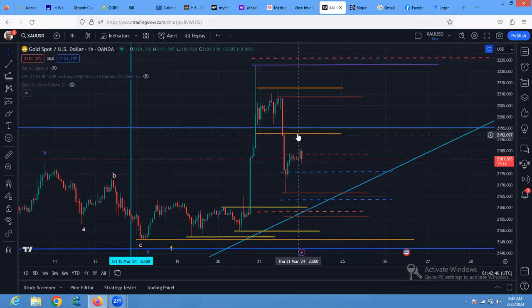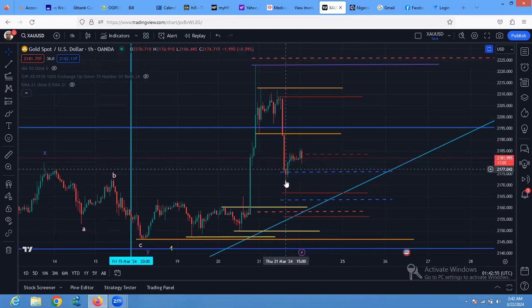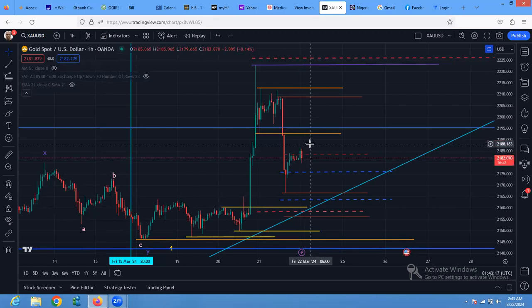And if we take the inner breakdown of this wave C as a 1, a 2, a 3, the 4th should not break here, and it has been broken, taken to the upside now, means that we are correcting to the upside. So you should look for this. We should be getting more like a 3-wave format to the upside.